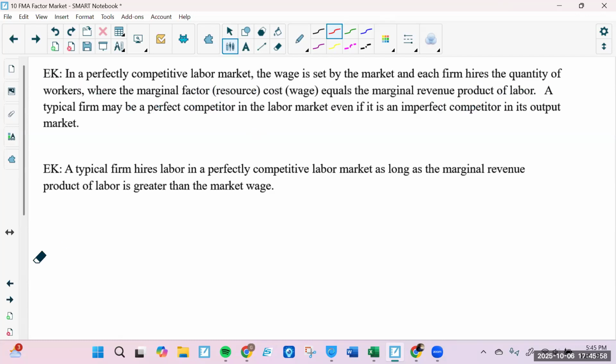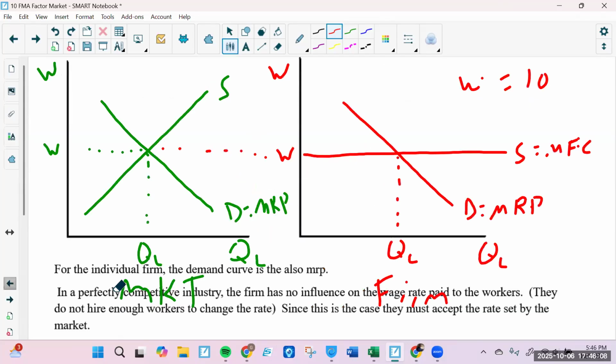This is an EK. This is what the College Board speak right here. So notice they use factor market, MFC and MRC here. And what they're saying, just putting this in English, is that a typical firm over here to the right will hire where the marginal factor cost, the additional cost of that worker, is equal to the additional revenue that comes in.